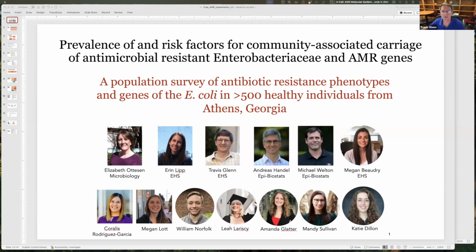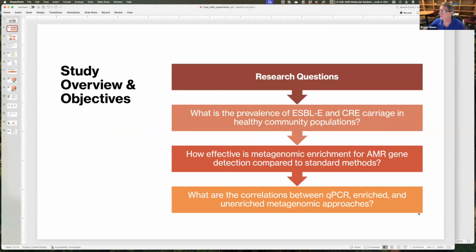Let's see if I can get this to advance. Sweet. Okay, so the research questions are: what is the prevalence of the ESBL genes and CRE carriage in this community? And how effective can we be with metagenomic enrichment, which goes beyond what the contract was for the initial study, for the AMR genes that we're interested in?